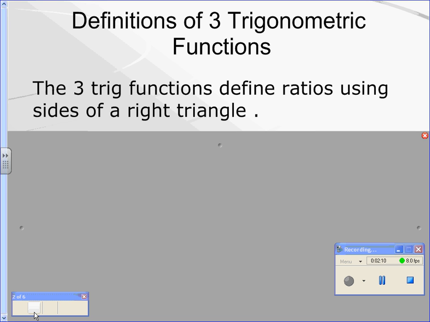The three trig ratios, sine, cosine, and tangent, make up ratios using a right triangle. Sine over cosine equals tangent.